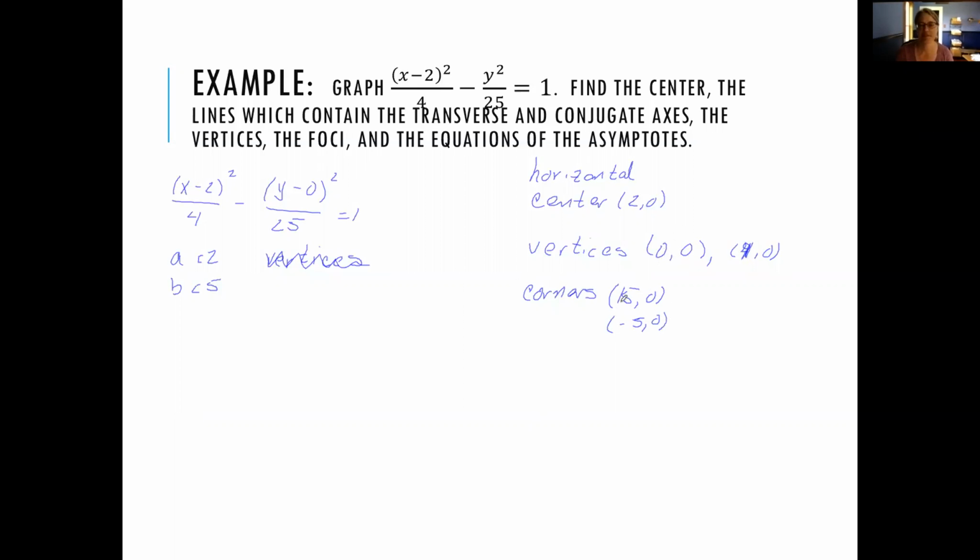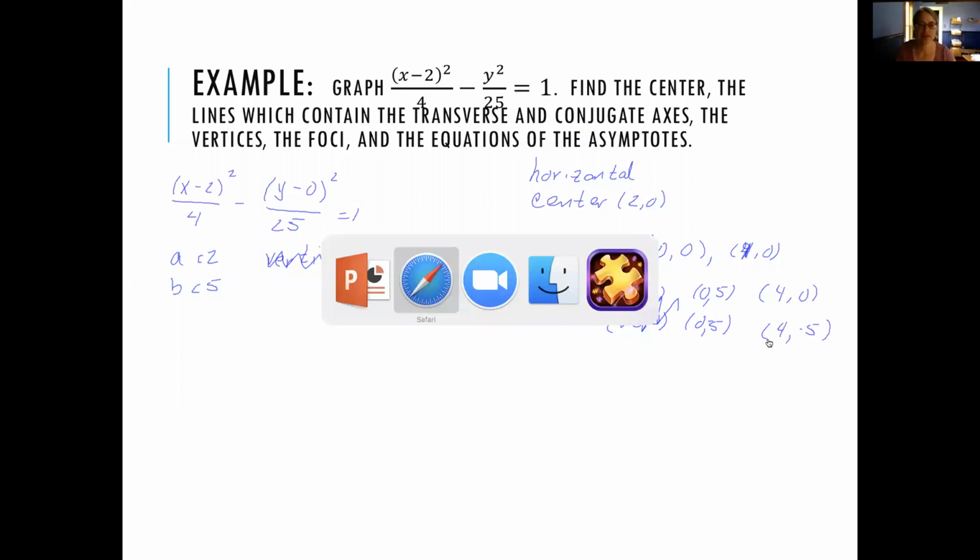Nope, sorry, that's wrong. Above and below, the x-coordinate doesn't change. So (0, 5), and (0, negative 5), and at (4, 0), and (4, negative 5).